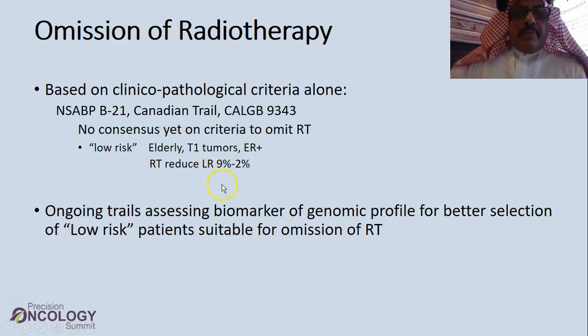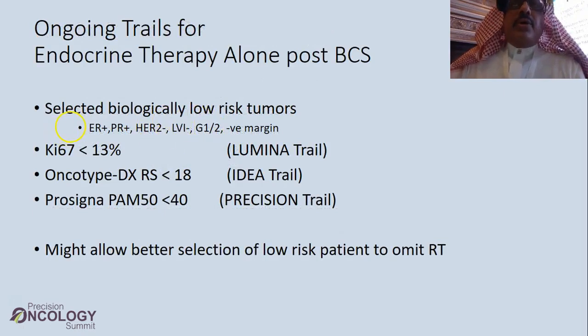Can we use a better selection based on genomic profile to identify the really low-risk patient? There are ongoing studies now, phase 3 prospective trials. They took this very favorable group of patients: hormone positive, HER2 negative, no lymphovascular invasion, low grade, negative margin. And on top of that, they had another selection criterion: either Ki67 less than 13%, the Oncotype DX less than 18 in this trial, and PAM50 less than 40 in this trial.